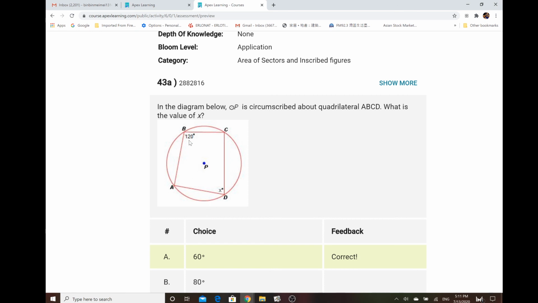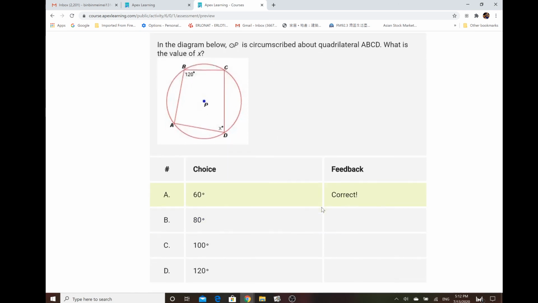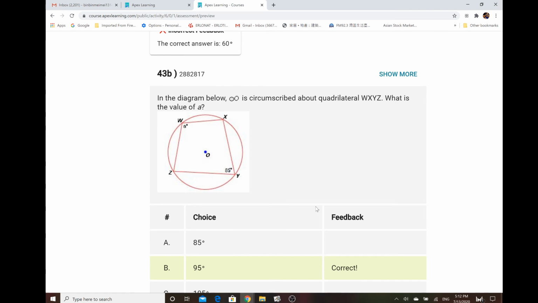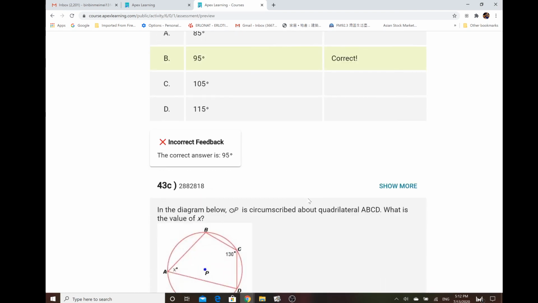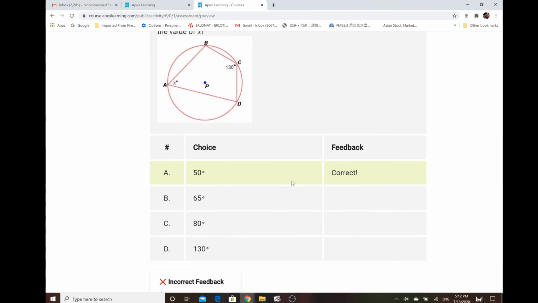Anytime you see a situation like this, the opposite angles are always supplementary. So to solve for x, subtract 120 from 180. So 180 minus 120, you get 60. Here's another one. 180 minus 85, then you'll get 95 degrees. 180 minus 130, then you'll get 50.